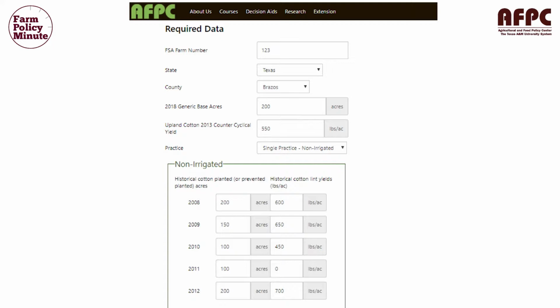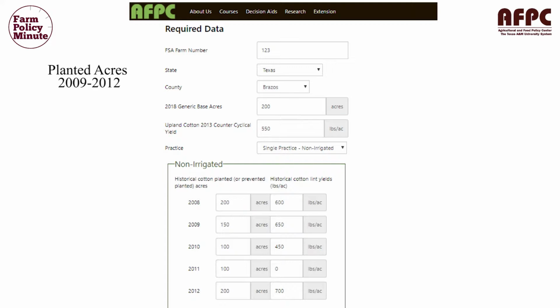The thing that we're going to be talking about today is you've gotten a letter, more than likely, from FSA that says here's the farms you have generic base on, and here are the planted acres of the crops during the relevant time period. There's two relevant time periods for this decision aid. The first one is for planted acres, and it's 2009 to 2012.